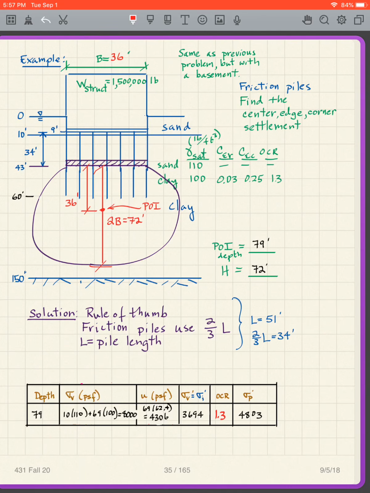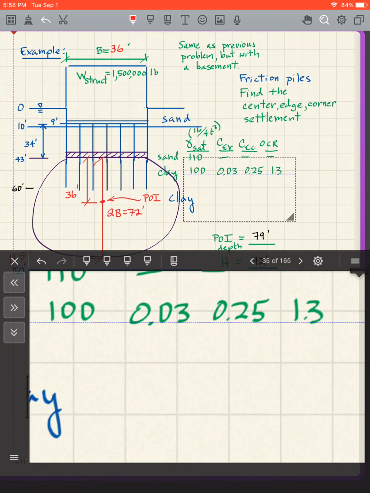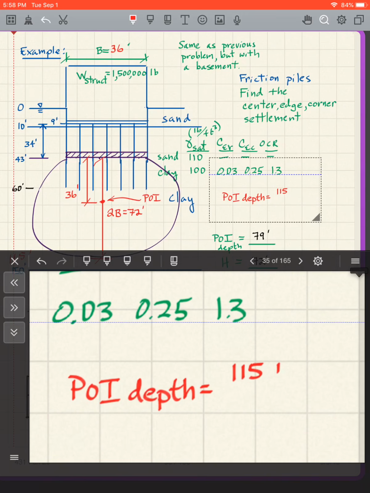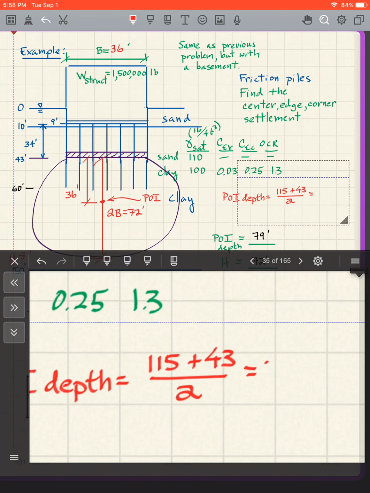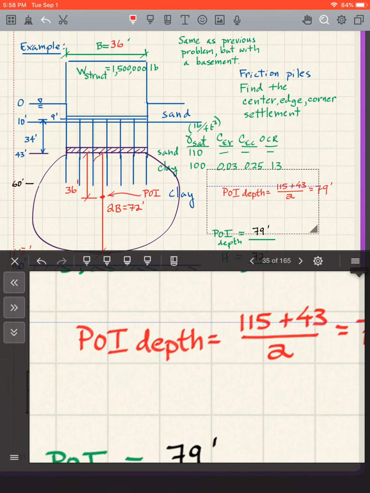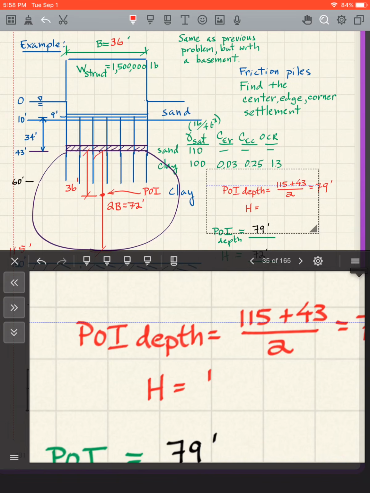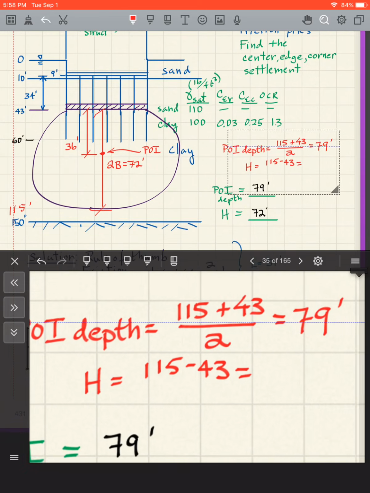So that depth is 115 feet, and that means my point of interest depth is going to be the 115 plus the 43 over 2, which is 79 feet, and then my H is going to be 115 minus 43, which is 72 feet.